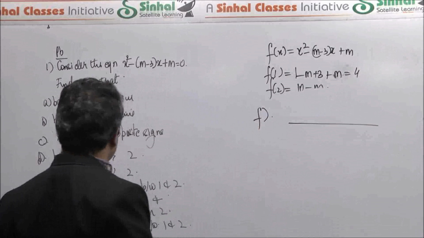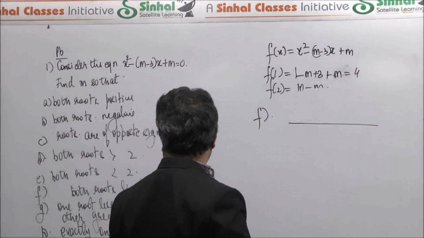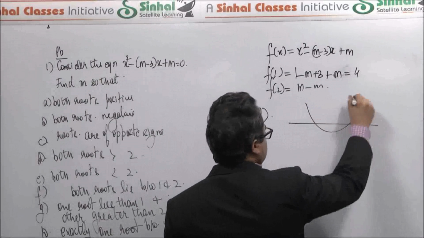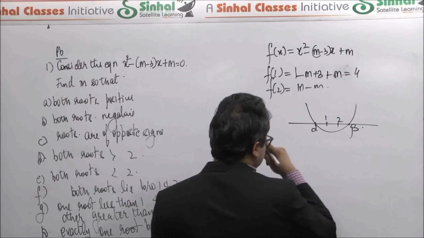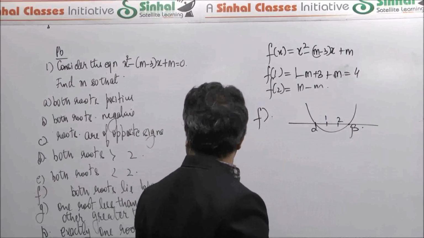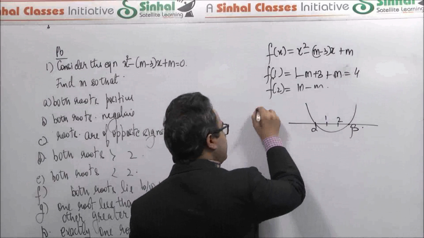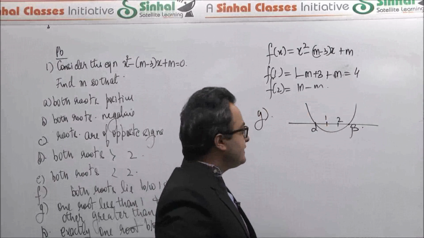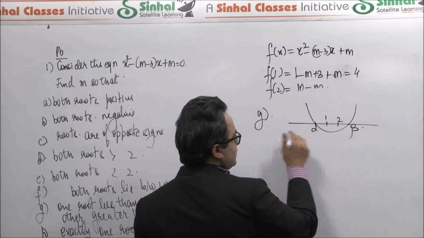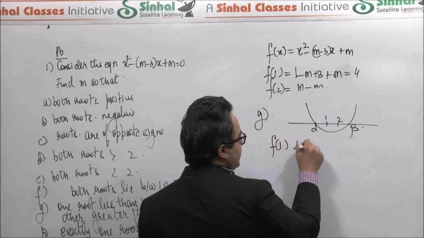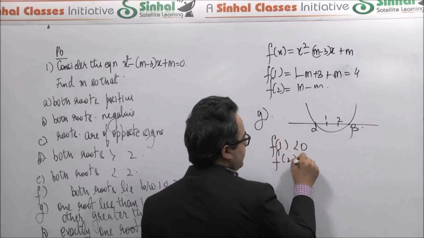In the G part, you want that one of the roots should be less than 1 and the other root should be greater than 2. So we'll have a situation of this form. So for the G part to happen, this should have happened, but clearly this cannot possibly happen because f of 1 is a positive value. We would have required f of 1 to be negative and f of 2 to be negative.